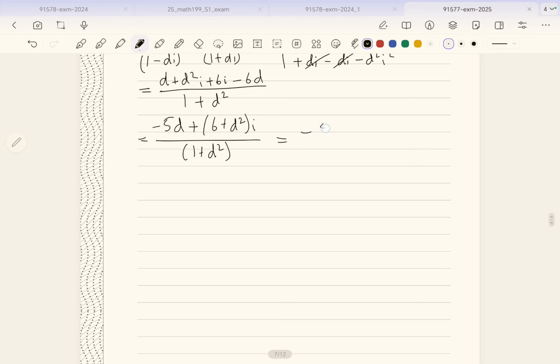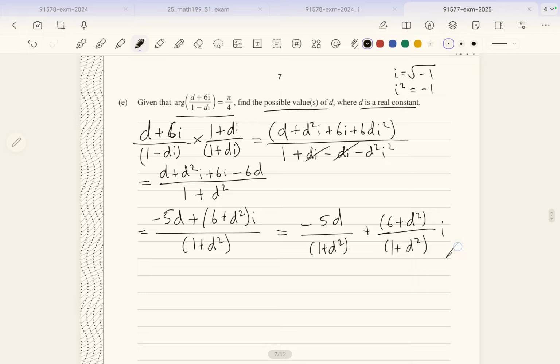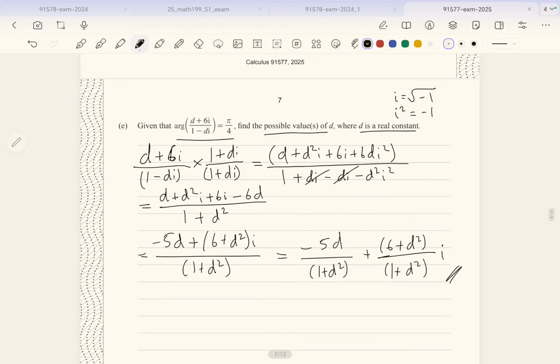So this becomes -5d/(1 + d squared) + (6 + d squared)/(1 + d squared) i. So this is the rationalized expression and the one that was given in the argument.